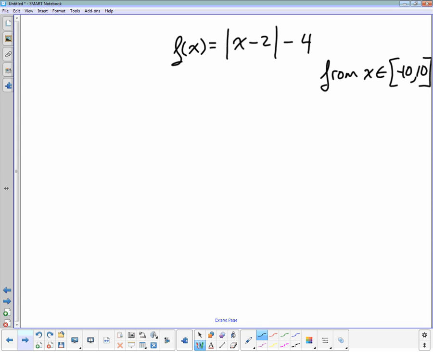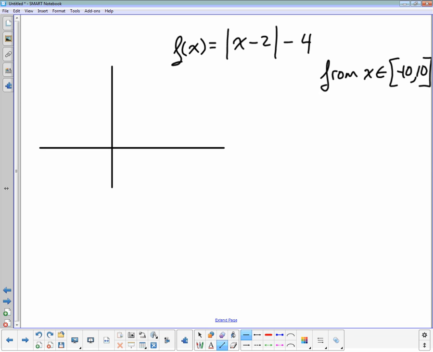We will remind ourselves that this has a vertex that's not at the center. If you can put the graph into your mind, and you're more than welcome to use a graphing utility, this guy has a vertex at positive 2, negative 4.